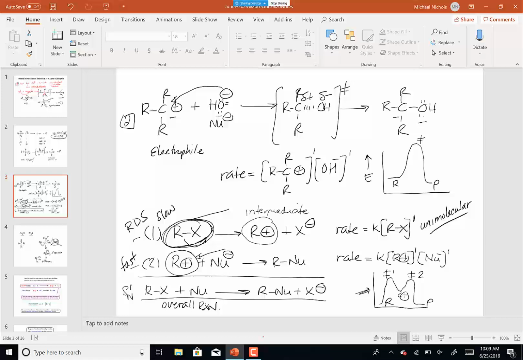So this came about by everybody looking at different aspects of this. So we have the mechanism. My mechanism would never be accepted unless I could show that carbocations were stable, I could show what their structure was, and I could show how their stability affected the rate of the reaction, which we'll get to here.